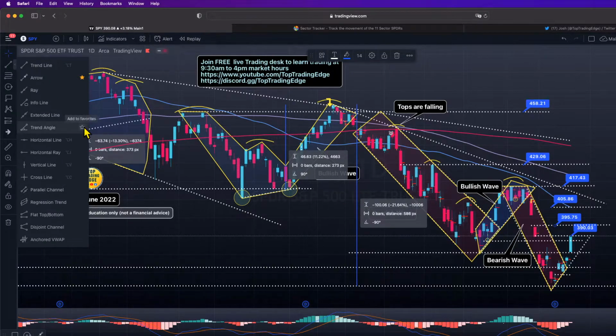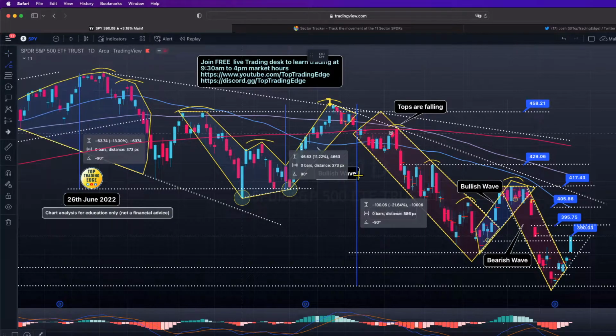So 11 to 15% I would think about in this range, which is right here, this resistance area. 15% comes out at a price target of 417.